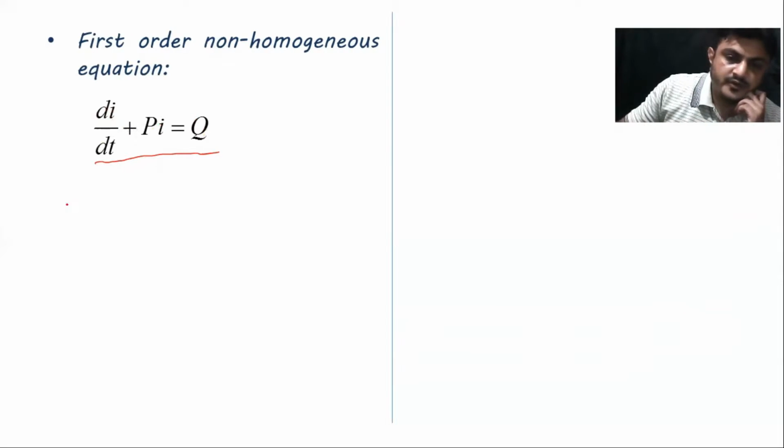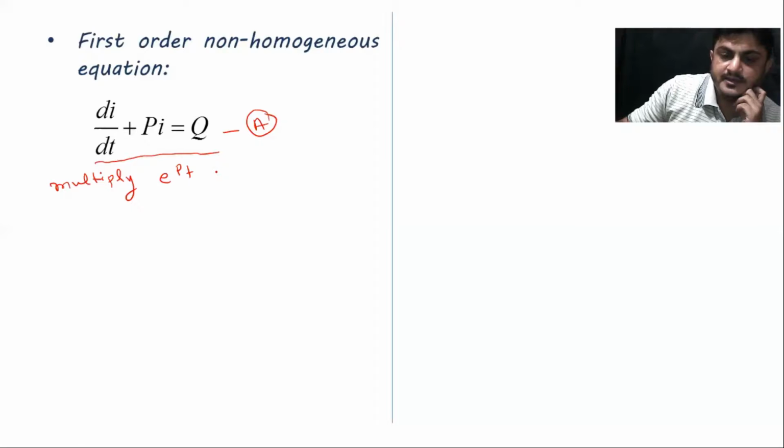Okay. So to find the solution, let us say initially I will multiply e raised to pt on both sides. Let us name it equation A. So I will multiply e raised to pt in equation A on both sides. Right.